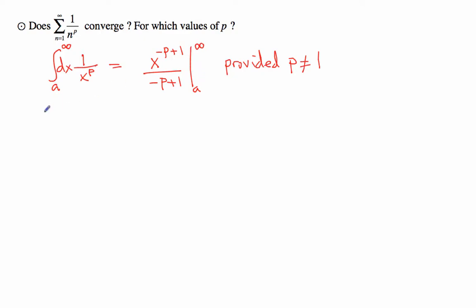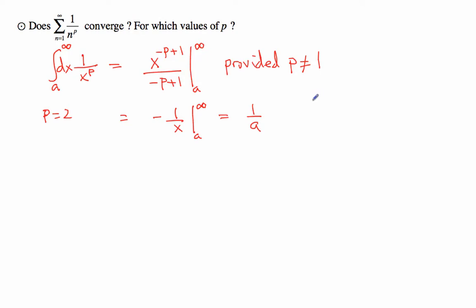Well, let's take p equal to 2. In that case, this now works out to minus 1 over x between a and infinity. At x equal to infinity, of course, this is 0, so we get 1 over a.